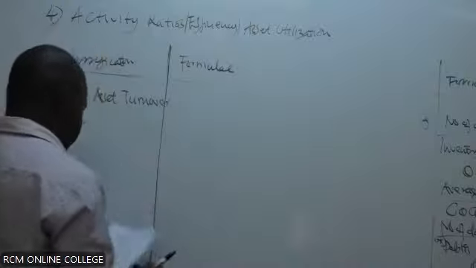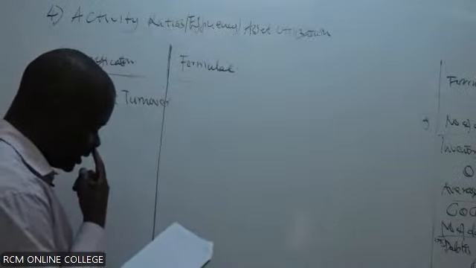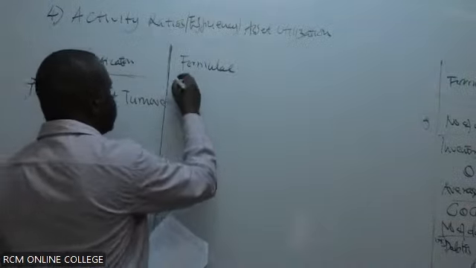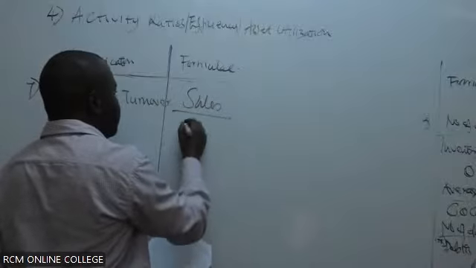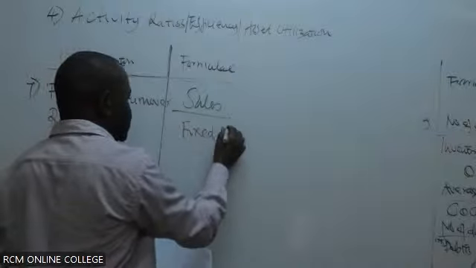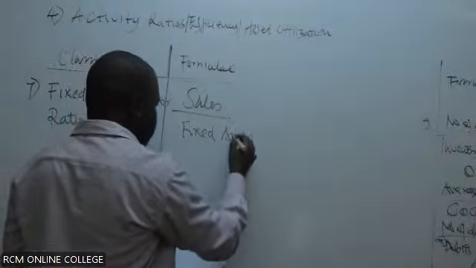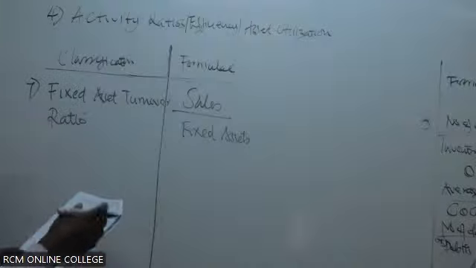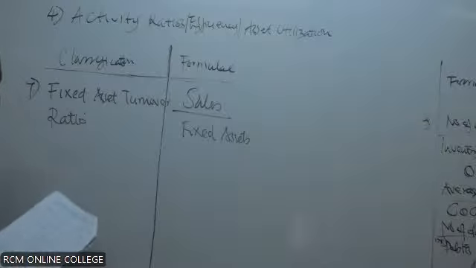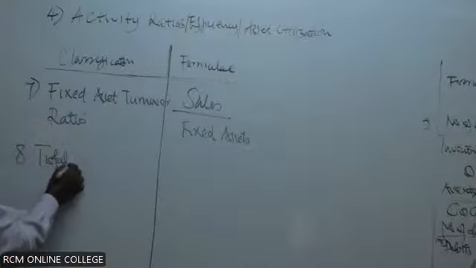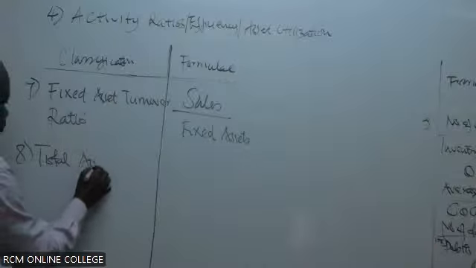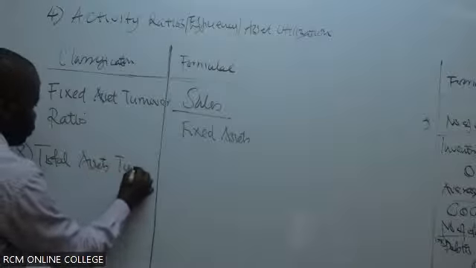Fixed asset turnover ratio. This one, you'll take the sales over the fixed assets, total fixed assets. Then number 8, which is the last one: total assets turnover ratio.